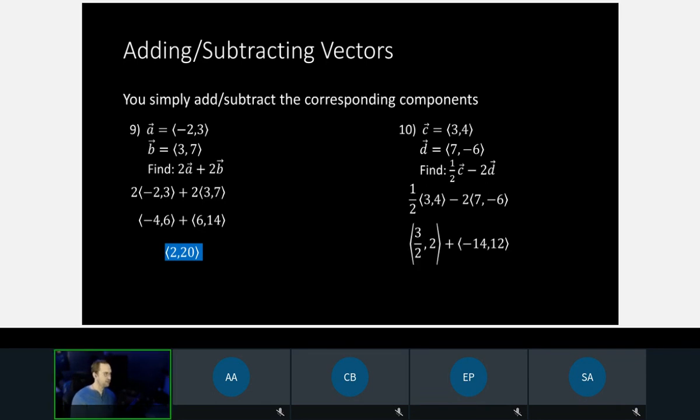Then we do the multiplication of both vectors. That first one looks almost like an X-wing fighter jet from Star Wars. That's what it reminds me of. And then the final answer, yep, negative 25 over 2, comma 14.